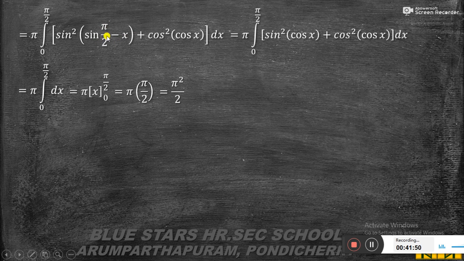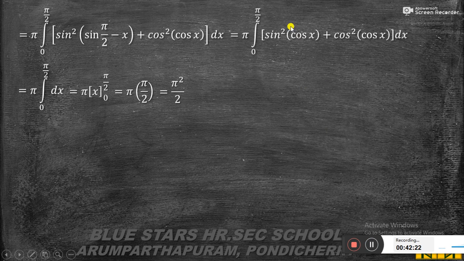So sine of pi by 2 minus x represents the first quadrant. In the first quadrant all functions are positive, but for sine of 90 degrees we change the trigonometric function: sine becomes cos. So you write sine square of cos x plus cos square of cos x dx.